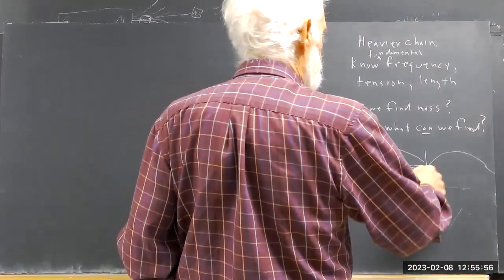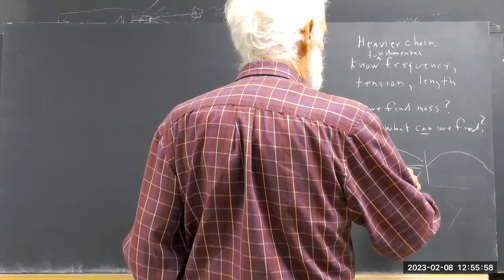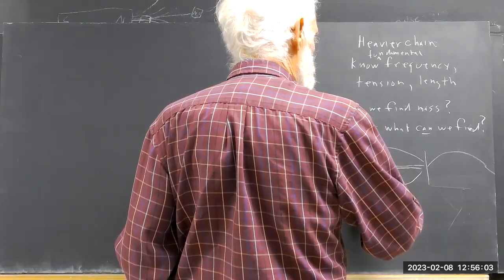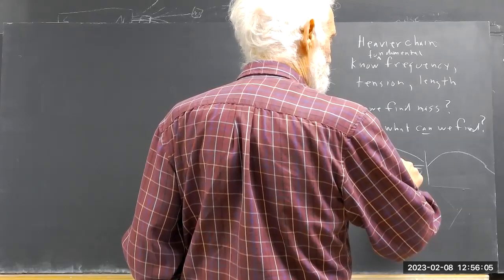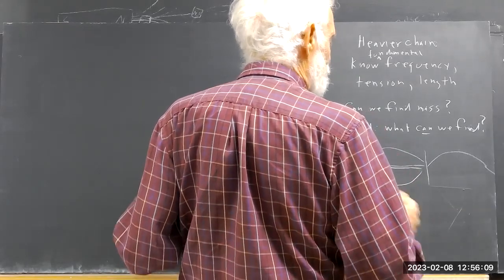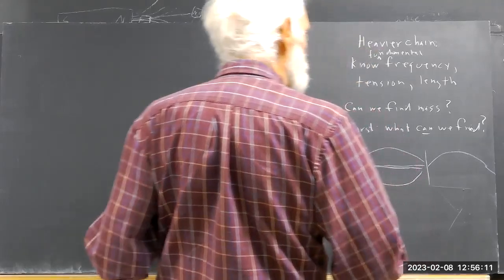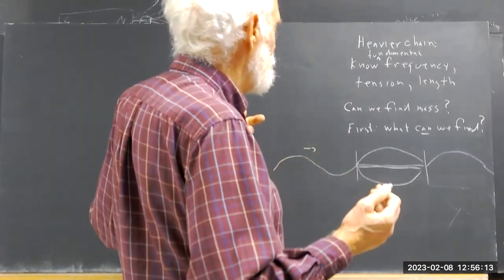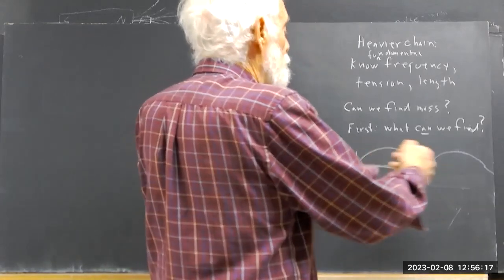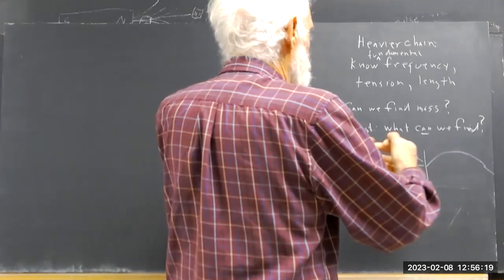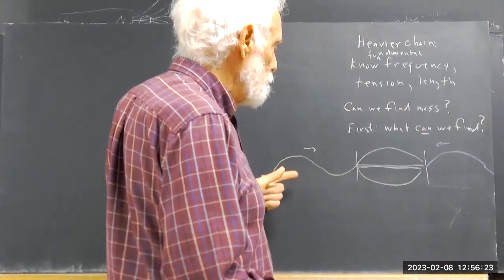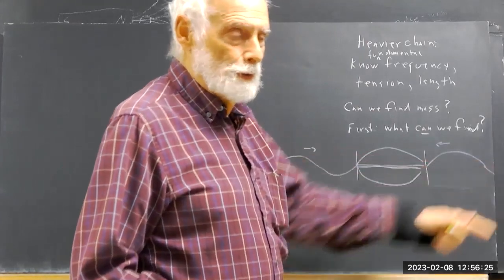Well, when that reflected wave is here, this wave is here, and they go together in such a way as to cancel each other. The reflected wave comes at you, and this wave moves in the positive direction.